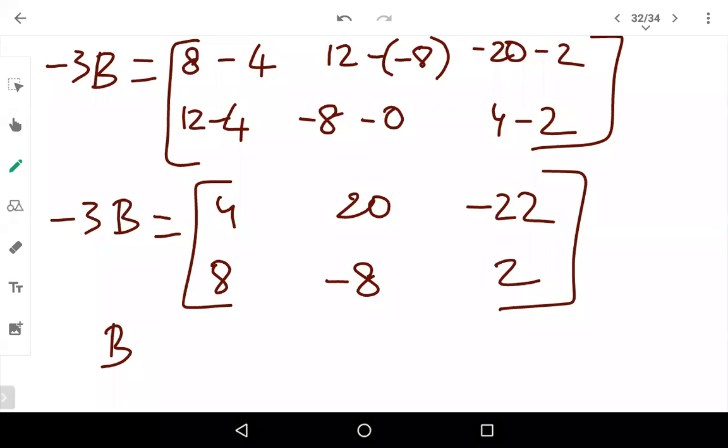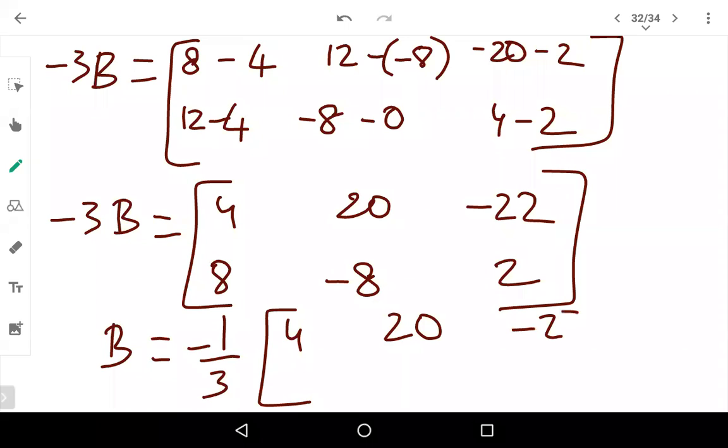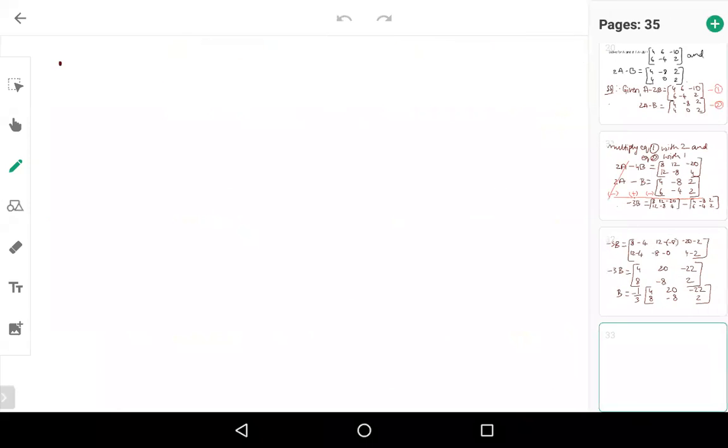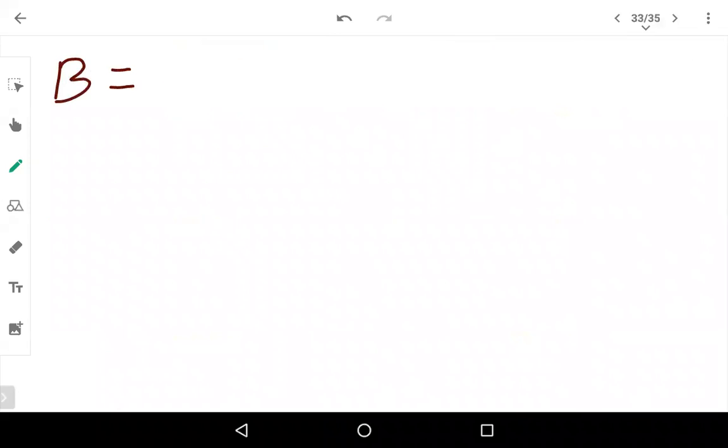Okay. Now the next step, how we did in the previous problems. If minus 3 comes to the other side, it will become minus 1 by 3 into the matrix [4, 20; -22, 8; -8, 2]. Now divide by minus 1 by 3. You have to divide all of the numbers and you will get a matrix for B. Minus 1 by 3 into 4 will be minus 4 by 3.